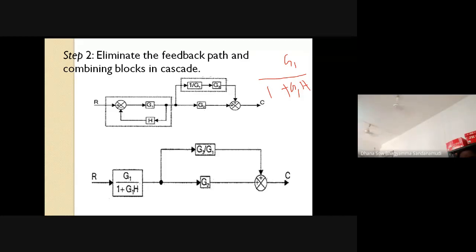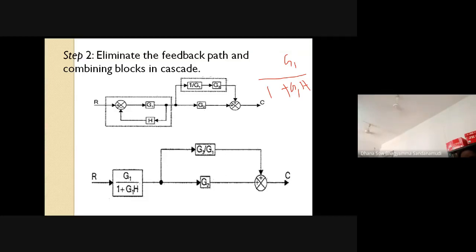Now by looking at this, this loop comes into my mind. Is it a loop? Let me check. Loop means it should have a return path. No return path means it is not a loop. See, the signal is flowing from this branch point towards the summing point. Signal has started and is moving from this branch point in this path towards the summing point, which means this is not a loop.